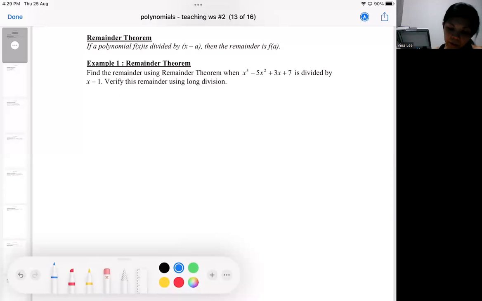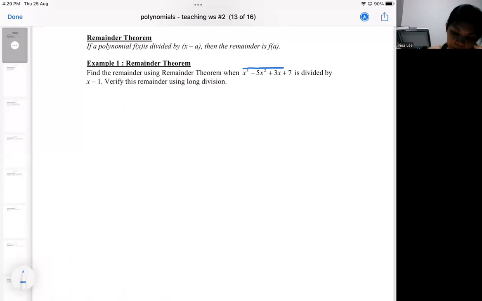So how do we use the remainder theorem? This thing, which is the dividend, will be f(x). If you want to find the remainder when you divide by this, you set the divisor equal to 0.